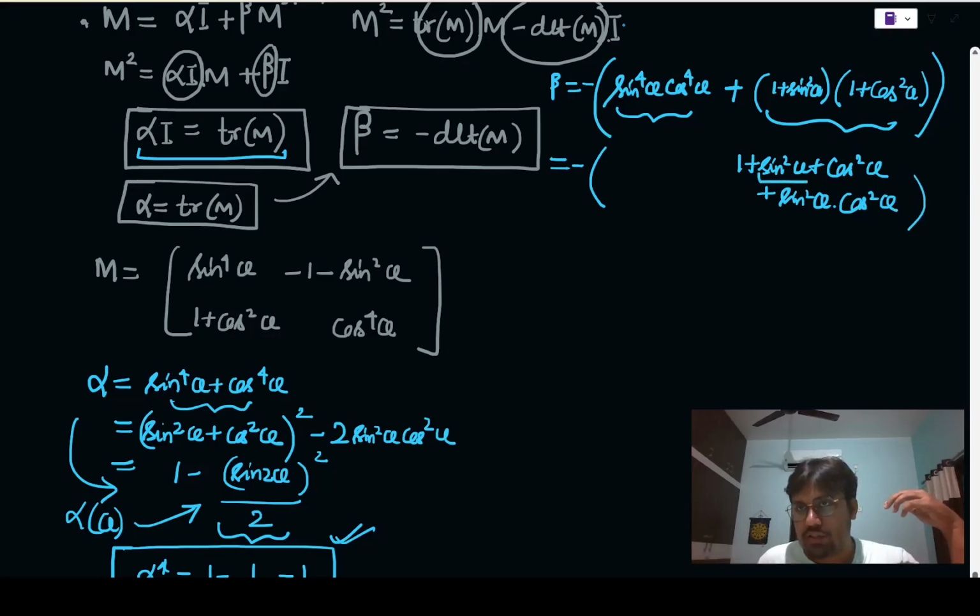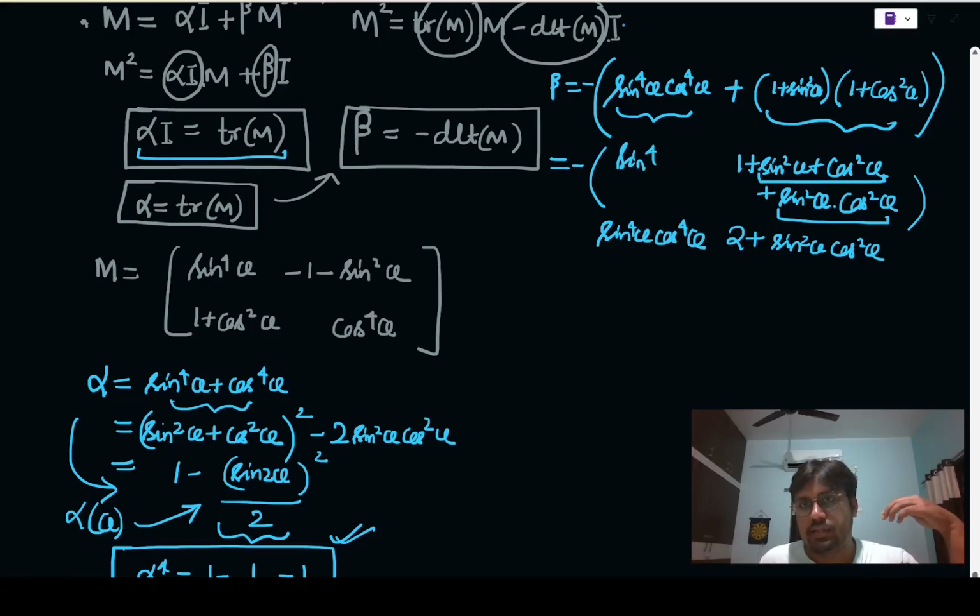Now this sine square theta plus cos square theta is what? So it's effectively 2 plus this sine square theta cos square theta, and we have this term sine to the power 4 theta cos to the power 4 theta. Just for completeness, let me write that here also. So this is the final form.